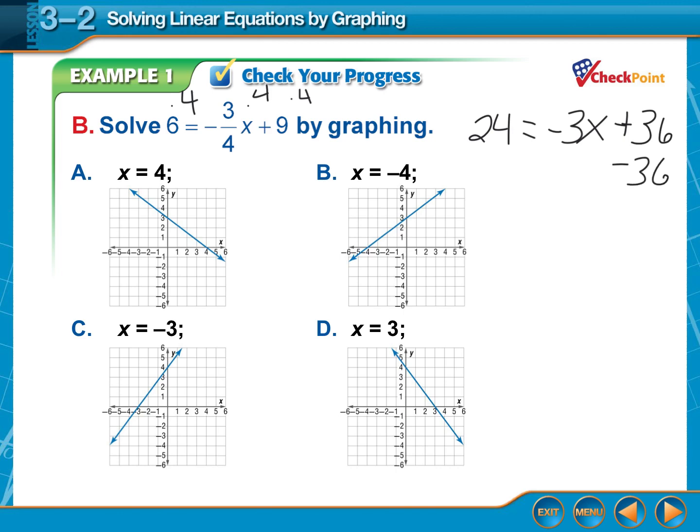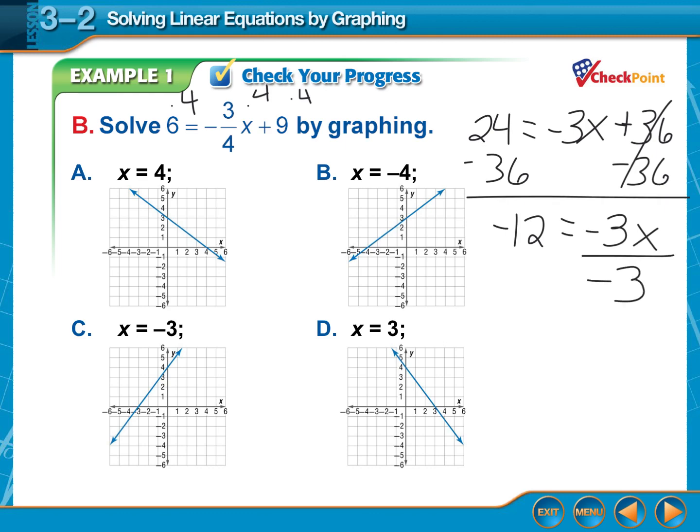Subtract 36. 24 minus 36 is negative 12. Yep, divide by negative 3. X equals positive 4. Again, what does this give us? The x-intercept. Well, the only one that we match is A.